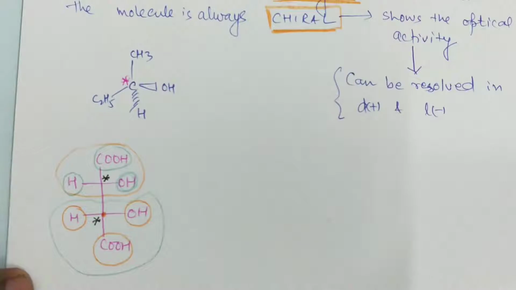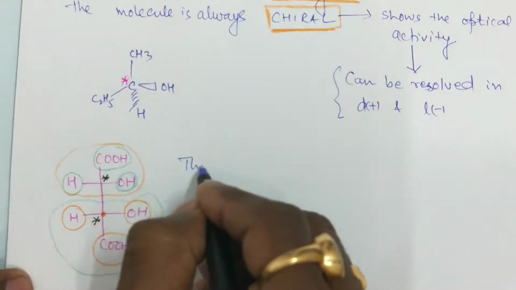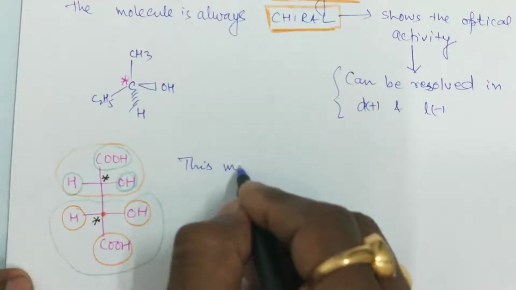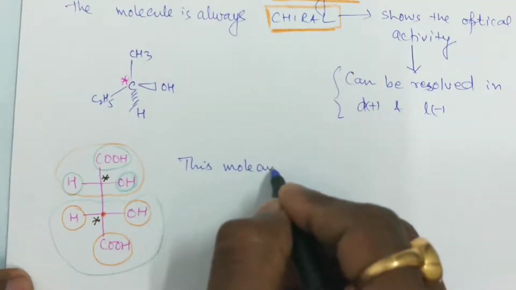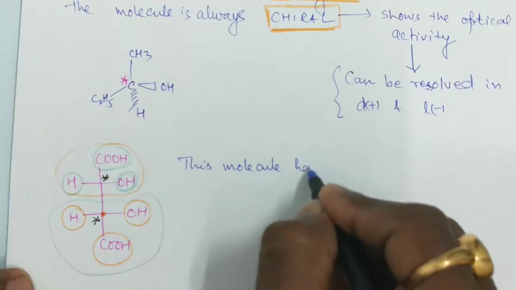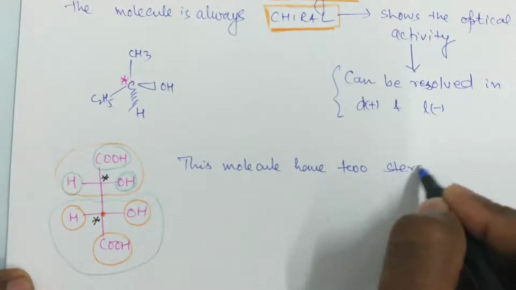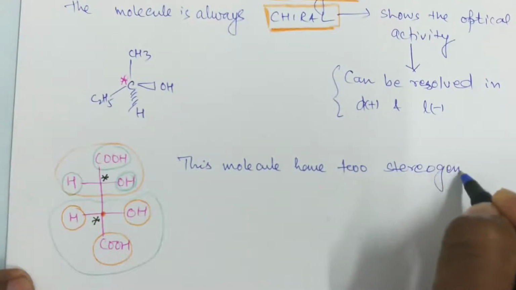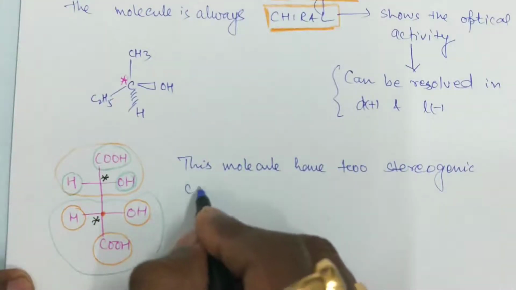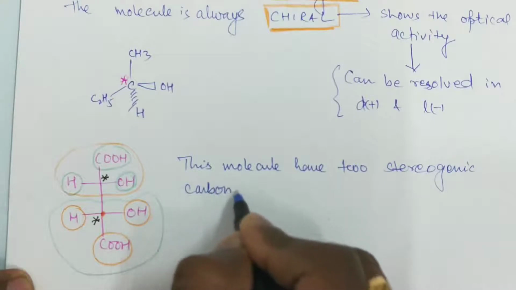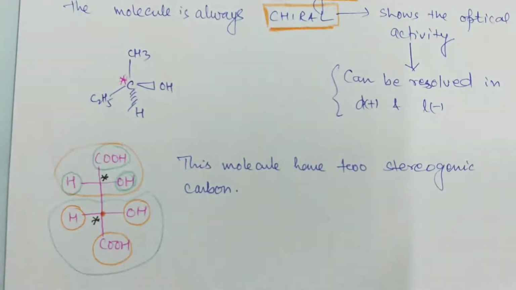Now this molecule has two stereogenic carbons, right? So the question arises whether this molecule is chiral or not.